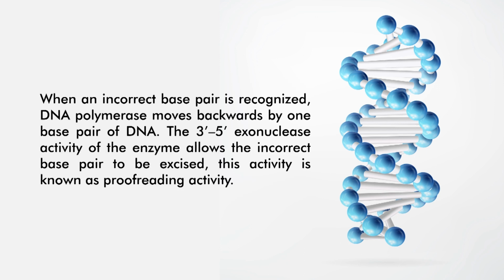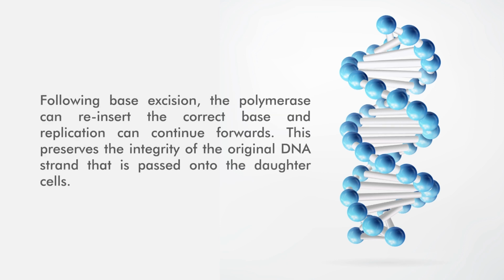When an incorrect base pair is recognized, DNA polymerase moves backward by 1 base pair of DNA. The 3' to 5' exonuclease activity of the enzyme allows the incorrect base pair to be excised. This activity is known as proofreading activity. Following base excision, the polymerase can reinsert the correct base and replication can continue forward.